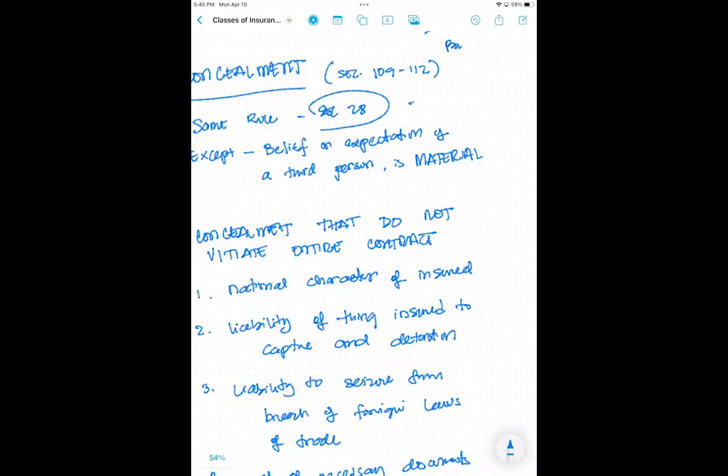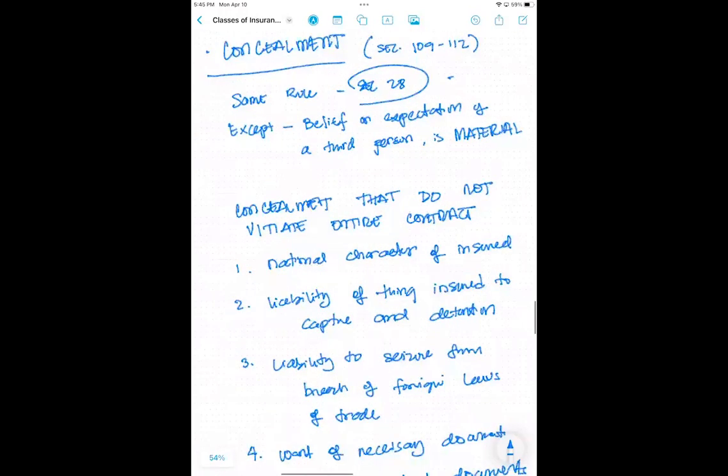This must all be communicated to the insurer. Okay, now, in short, we follow the same discussion in concealment in an ordinary insurance, but this is important.